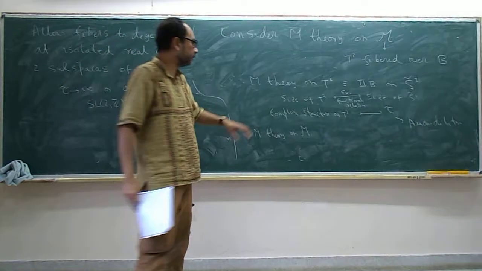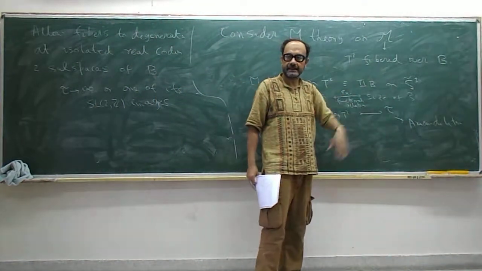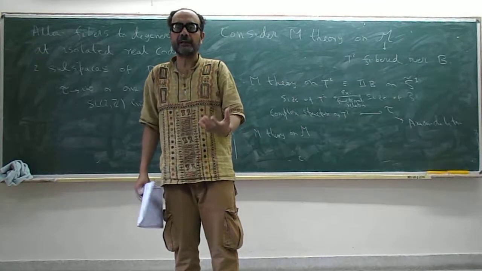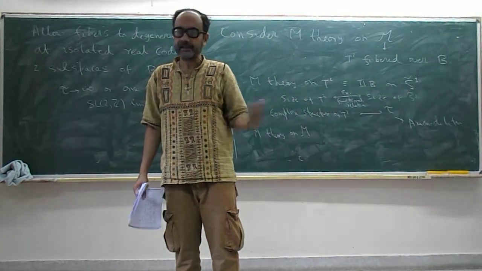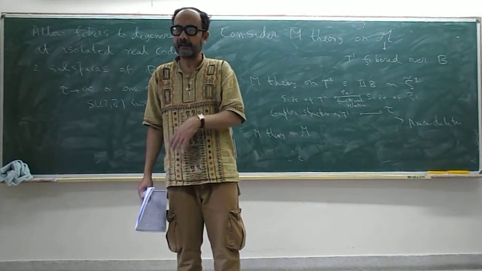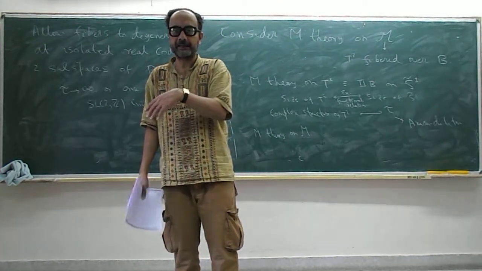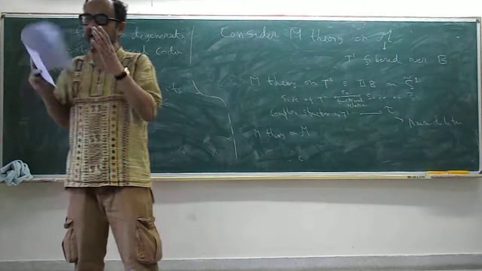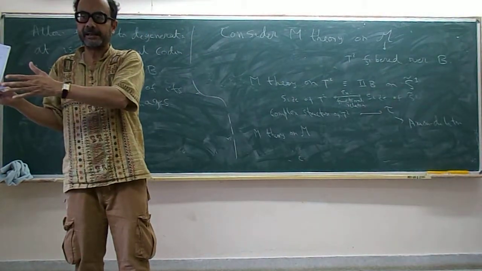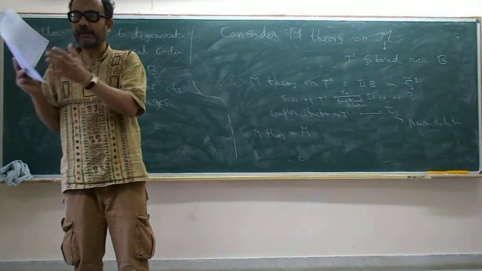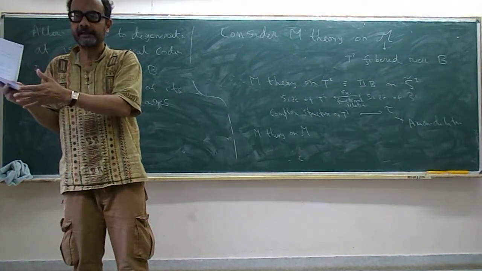The variation of the T2 modulus on the base will now be encoded in the variation of the axion-dilaton modulus of 2B along the base. It will vary exactly the same way the T2 modulus was varying on the base, because you are applying this duality locally, region by region. So whatever was the tau of T2 will now become the axion-dilaton modulus of 2B.